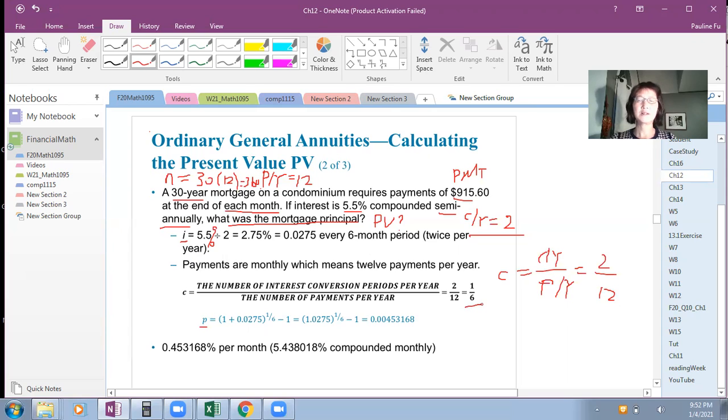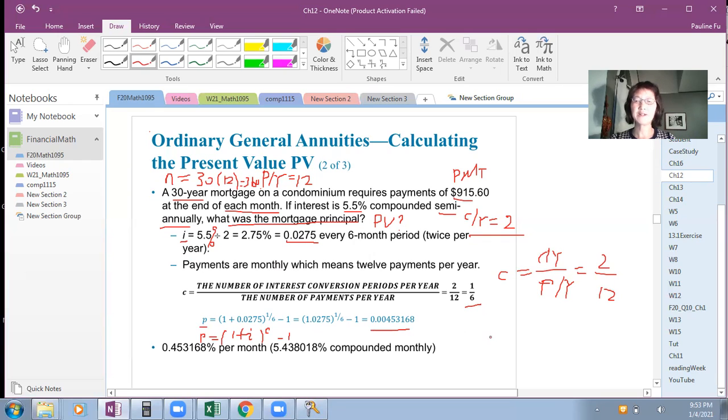And then you calculate the equivalent rate per payment period, P. So P equal to 1 plus I raised to power C minus 1. That is the formula for P. And you plug in I 0.0275, plug in C 1 over 6, and you get this P value.